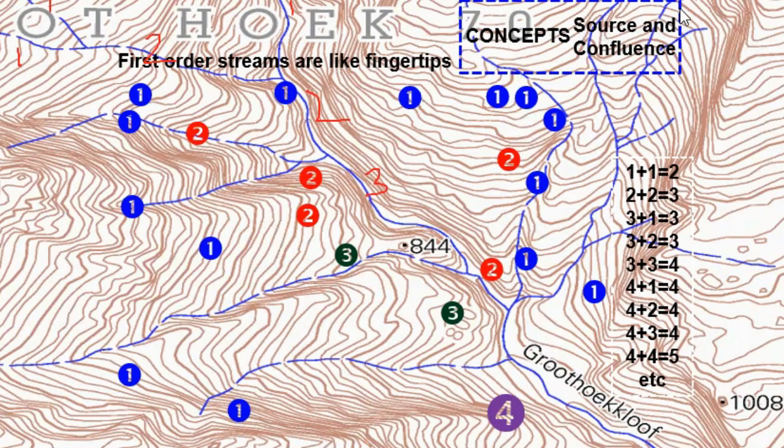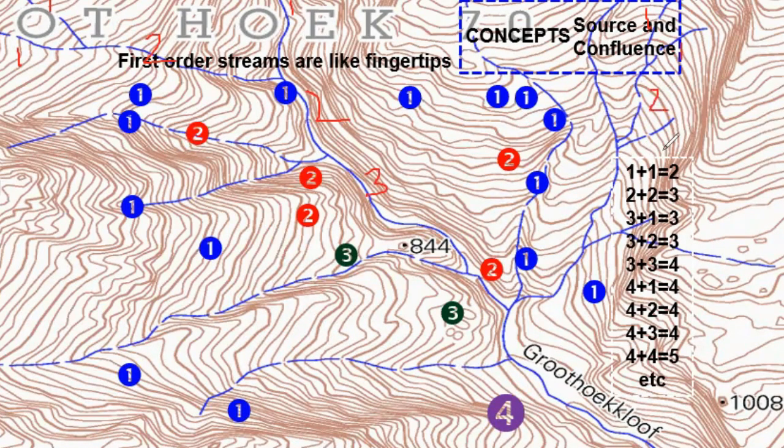But we come here. So there is this and this, 1 and 1, it forms 2.